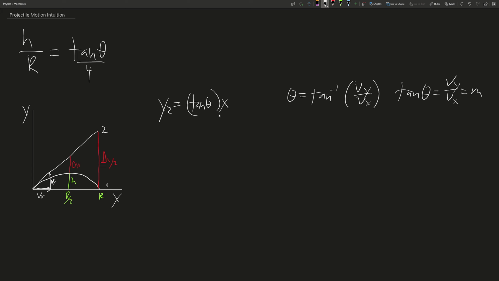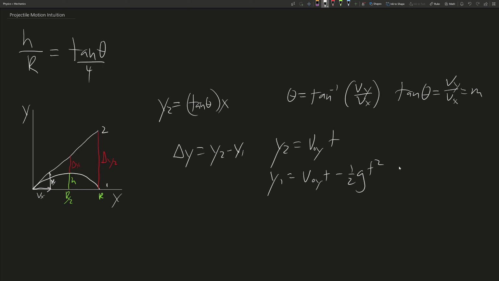Now, we can find an equation for the difference in height as a function of time. So the difference in height is equal to y2 minus y1, right? Now, y2 is equal to v0y times time, and y1 is equal to v0y times time minus 1/2 gt squared.